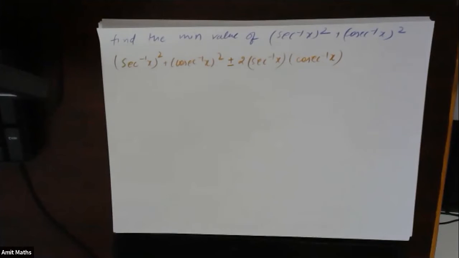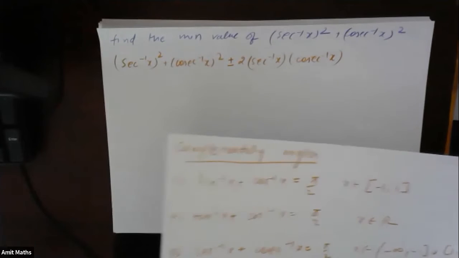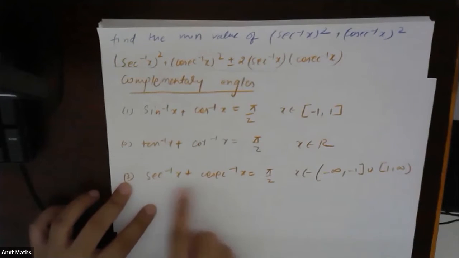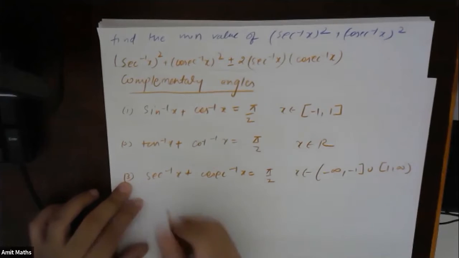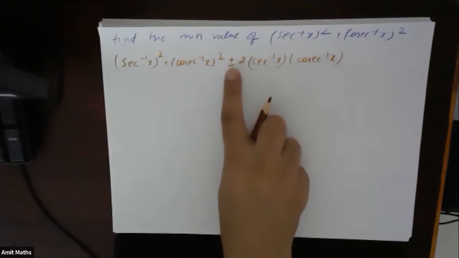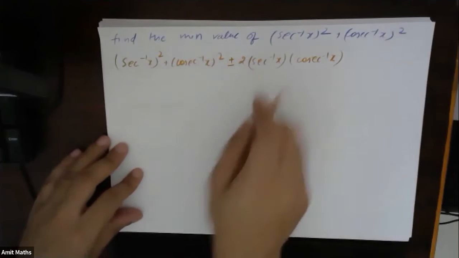Now if we look at the properties once again, the last property is sec inverse x plus cosec inverse x is equal to pi by 2, and we have a plus inside, right? So here I will also take the plus 2.